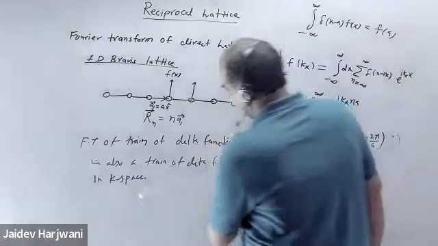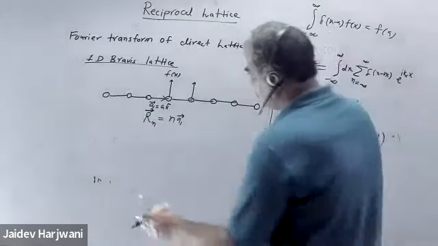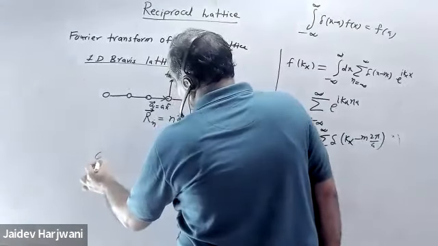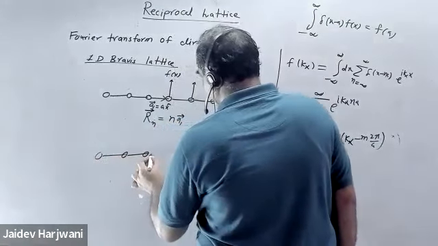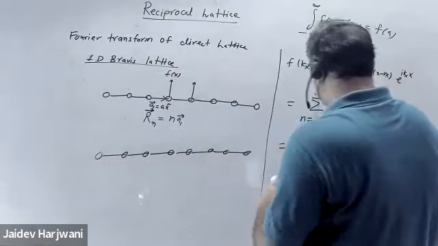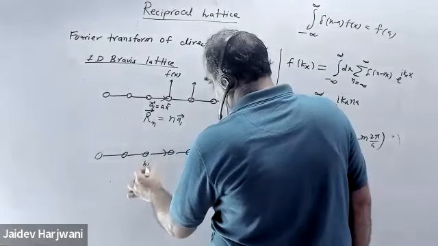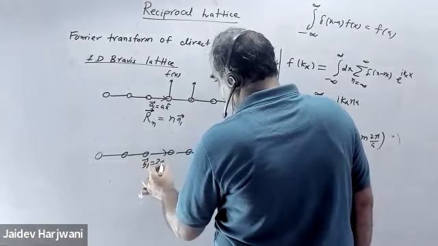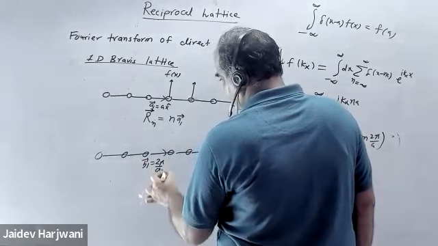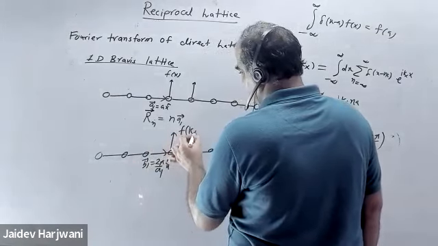Now I want to draw the reciprocal lattice of this one. The reciprocal lattice will again be a summation of delta functions, only the lattice changes. Earlier it was a1, now it will be b1, and b1 is 2 pi by a1 x cap, and this is your f kx.